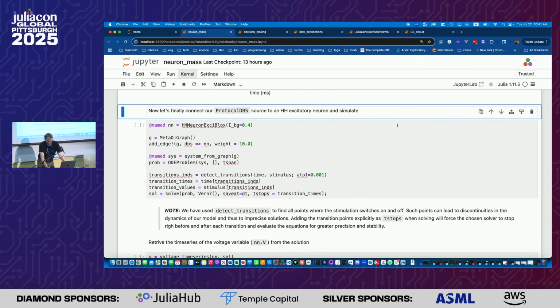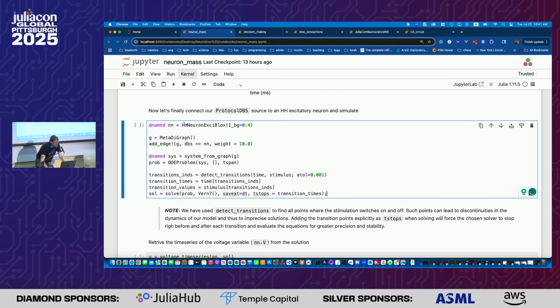So here we are taking a Hodgkin-Huxley neuron excitatory block. We give it a little input current so that it would spike on its own. And then we connect the DBS to this neuron, and build a system of graph.